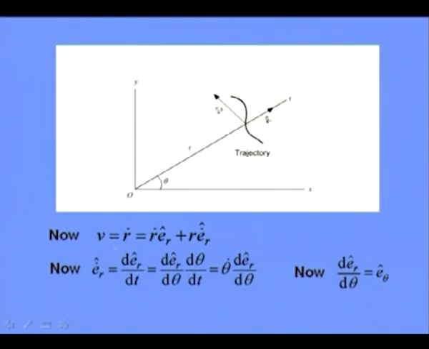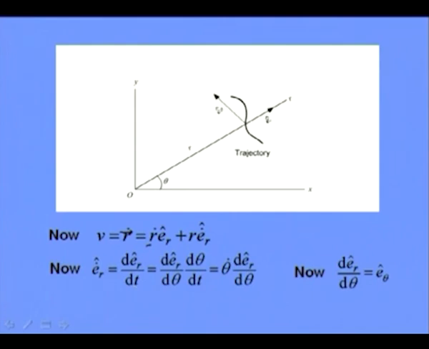Velocity v is equal to r dot er plus r times the derivative of the unit vector er with respect to time. Here the dot indicates the derivative with respect to time. r dot is basically dr by dt, because the particle is moving, its radial position keeps changing, therefore dr by dt will not be 0.